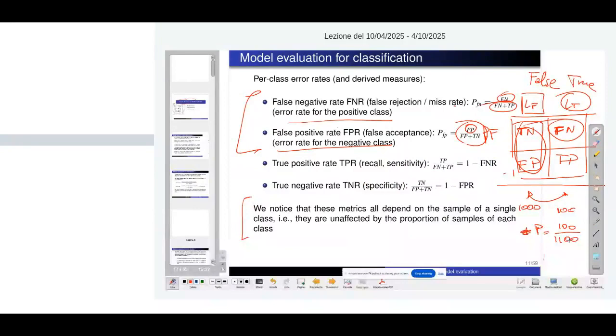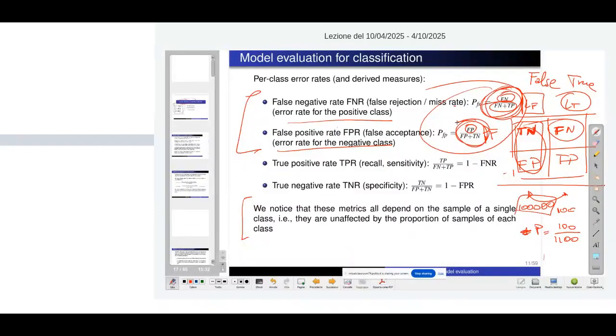But do I need to know the number of samples of the other class to compute these values? I mean, if I have the same true negative rate and false positive rate, but now I have 100 times more false samples, what do I have? Well, if the number of mistakes I make for a class is, I assume, independent of the number of samples, my rates will be the same.